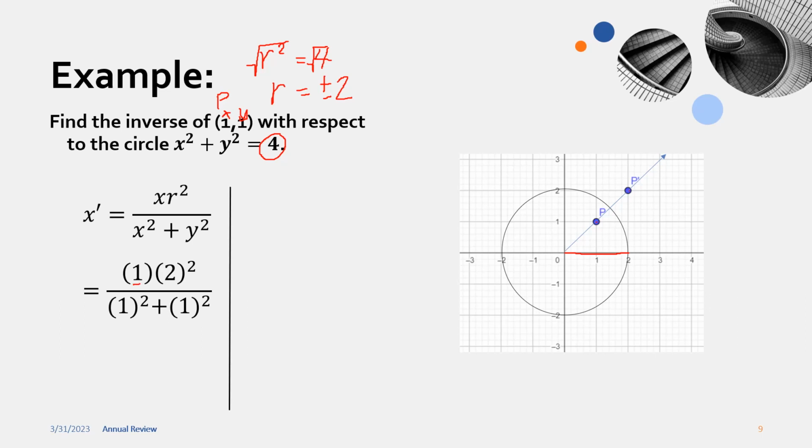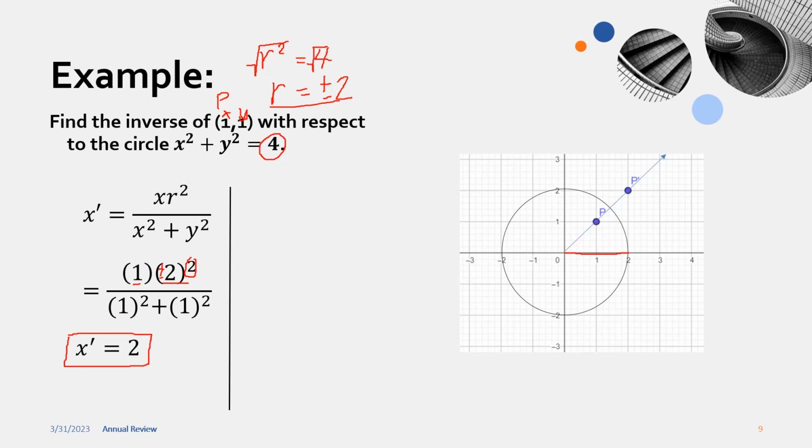Our r, or the radius, will be positive or negative 2, it's up to you what you're going to use, but since it is being squared, the value of this part is still positive. If we simplify, the value of our x prime is 2.